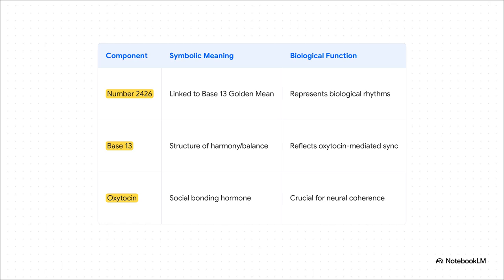He uses things like specific numbers, 2426 for example, and links them to a base 13 structure, which to him represents balance. And what does that mean biologically? Well, it mirrors the rhythms of oxytocin, the social bonding hormone. And for a 3D visual thinker like him, oxytocin is absolutely crucial for creating the neural coherence, the stability needed to rebuild the whole system from the ground up.